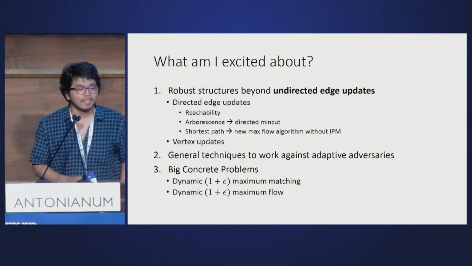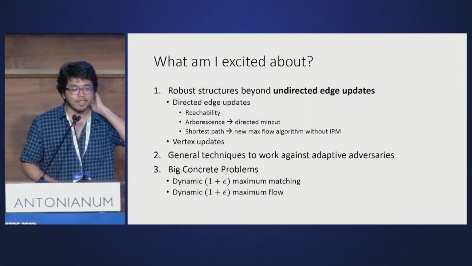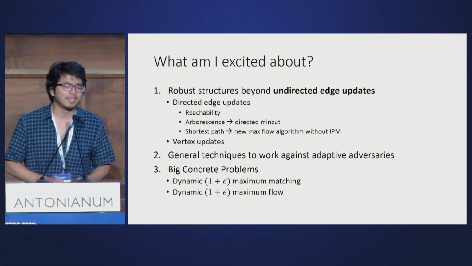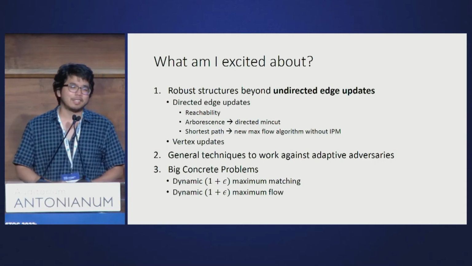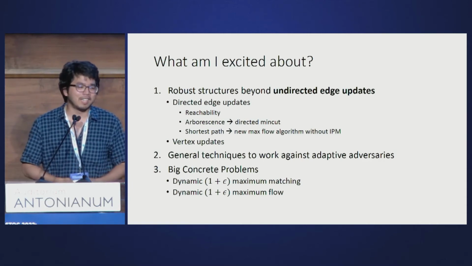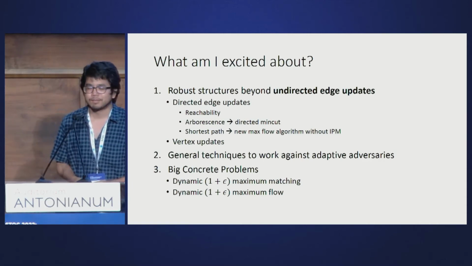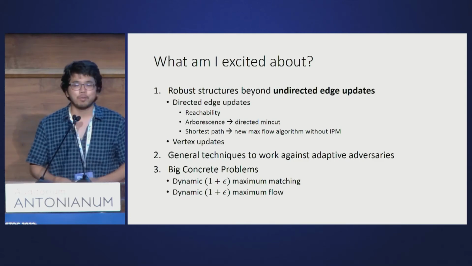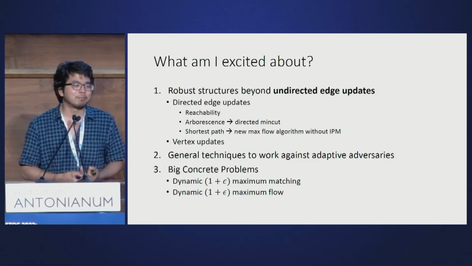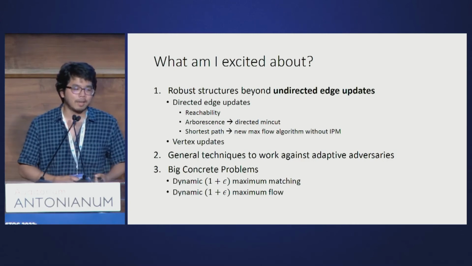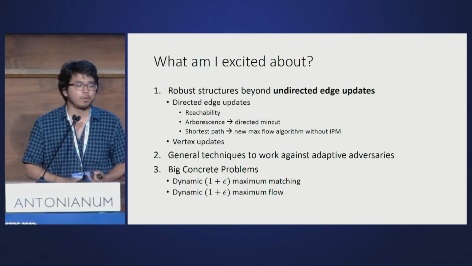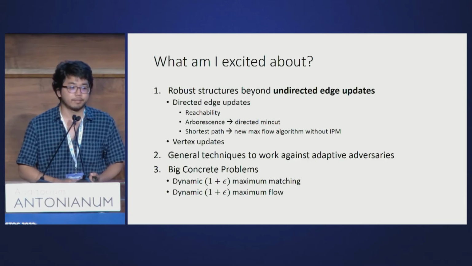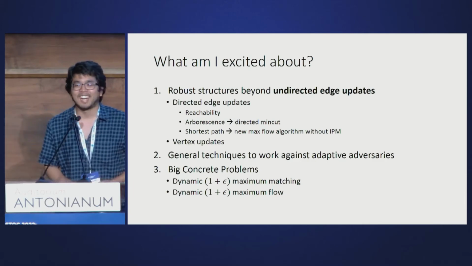One of the things that I think is very interesting and still very underdeveloped in dynamic algorithms is, in dynamic graphs, how can we construct structures that are robust against updates that are not undirected edge updates.